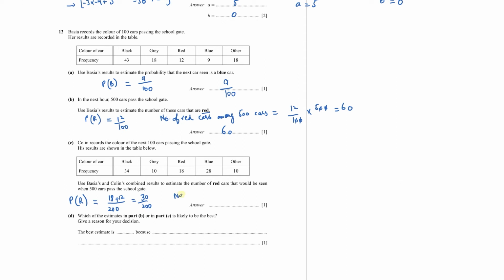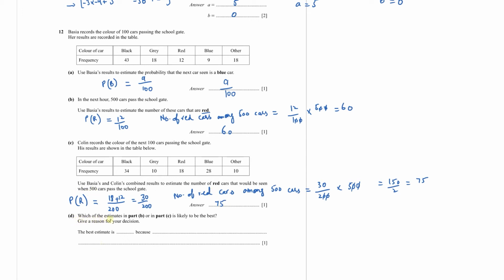So the number of red cars among 500 cars would be 30 over 200 multiplied by the total number of cars, which is 500. And then we can cancel these two zeros with these two zeros. 30 times 5 is 150 divided by 2, which is 75. So now we expect 75 cars would be red out of the 500 cars.